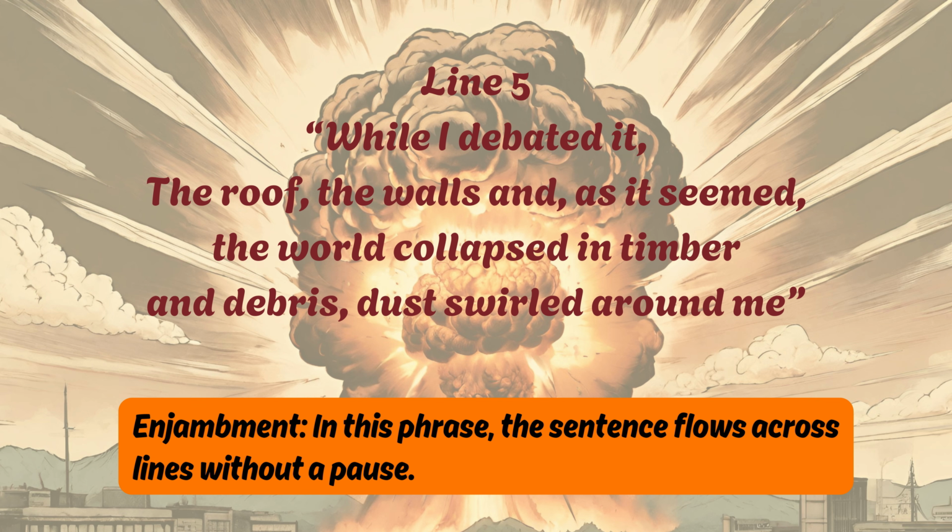Okay, this can create a flowing, connected feel. In this case, the sentence flows across lines without a pause. "While I debated it, the roof, the walls, and as it seemed, the world collapsed in timber and debris."